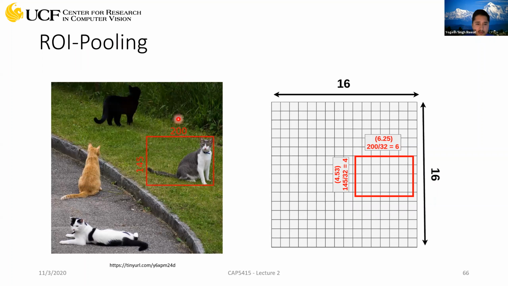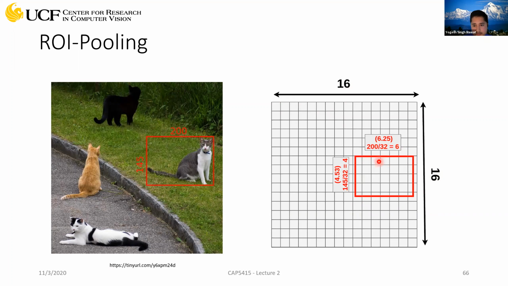So now let's see a sample example. So that's your input image. And this was your proposal. So the proposal shape is 200 by 145. And the feature map is 16 cross 16. So based on the scaling of this image and this feature map, we will also scale this proposal and put it on top of this feature map.